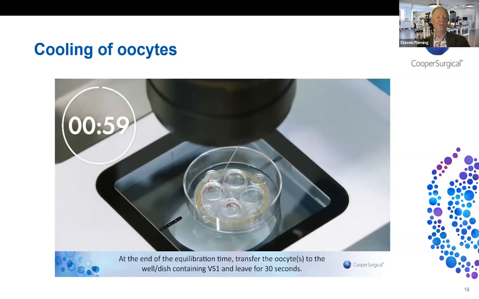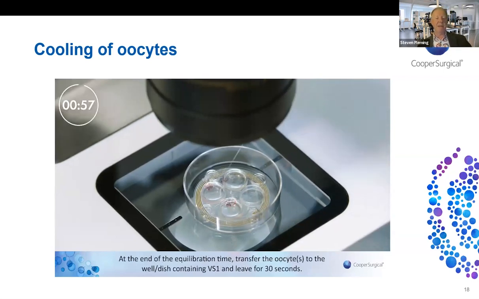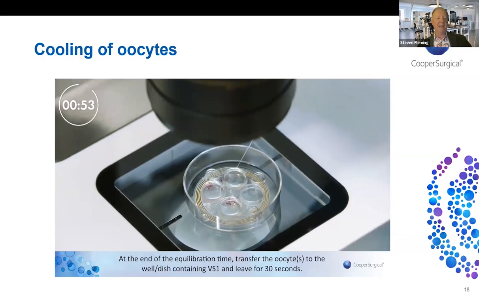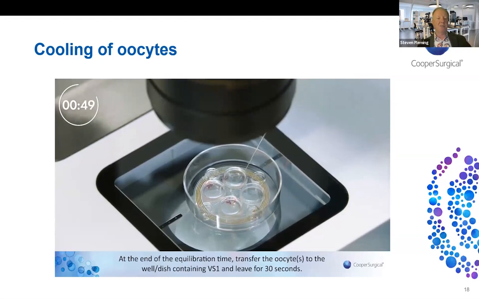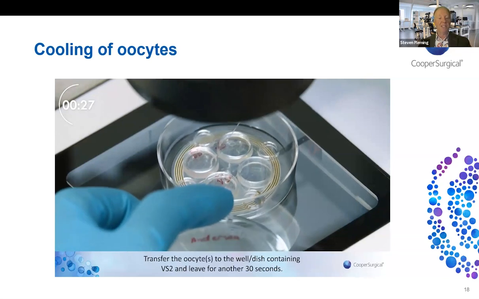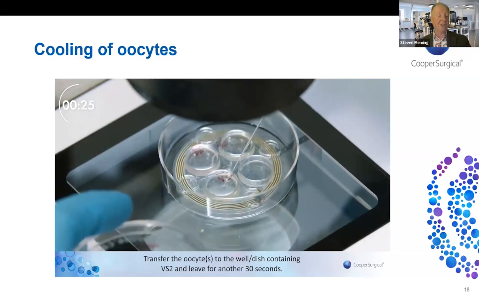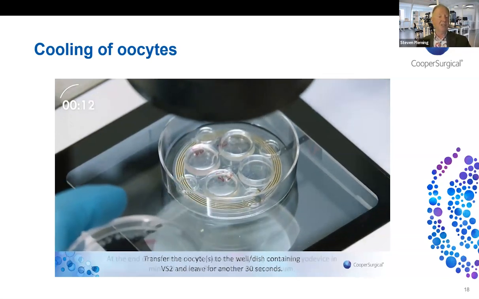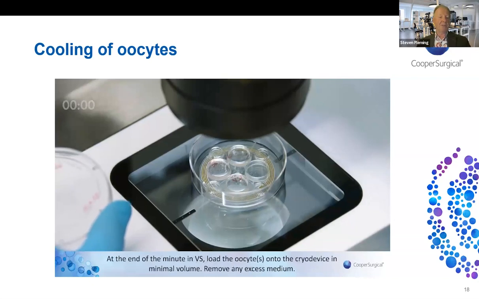And then transferring your oocytes at the end of the equilibration period to that first well containing vitrification solution, getting those oocytes under control onto the bottom of that well and leave them there for 30 seconds. So then when you transfer them to the second well of vitrification solution, the oocytes are exactly where you want them. You don't have to mess around with them.